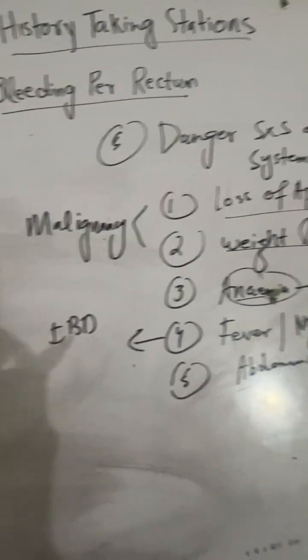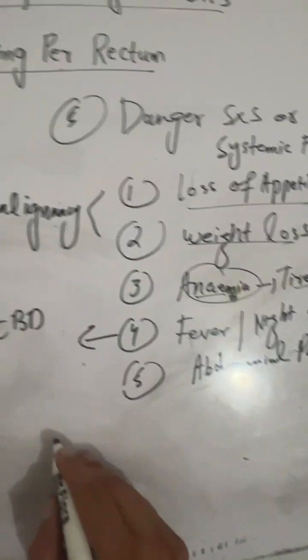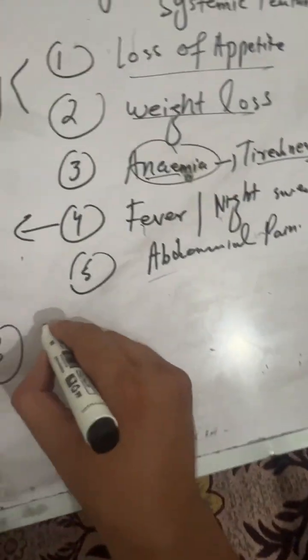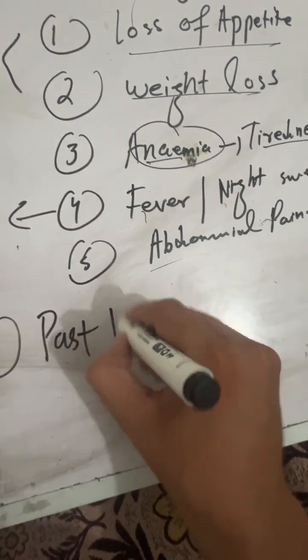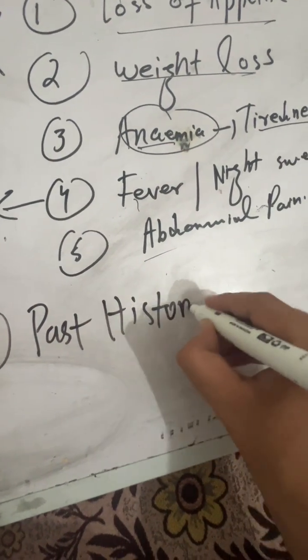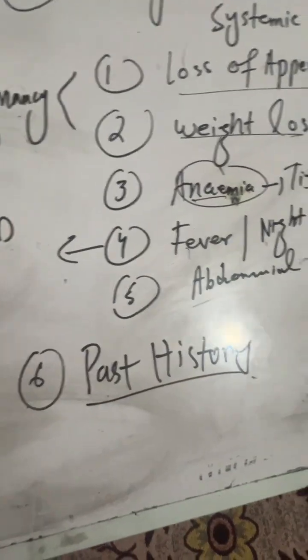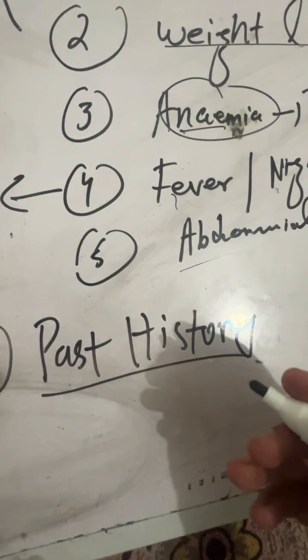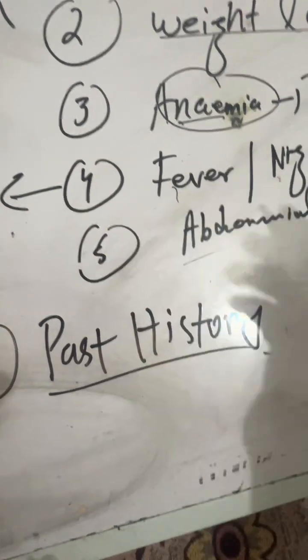Then after that, in the history taking of bleeding per rectum, we will ask about the past history. We will ask whether he or she has had rectal bleeding in the past or not.